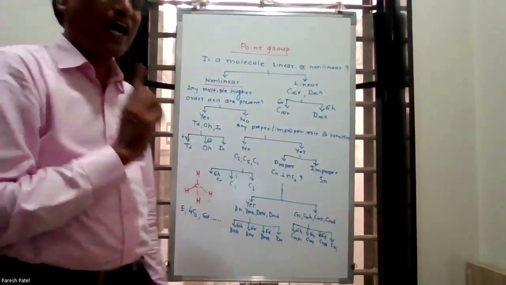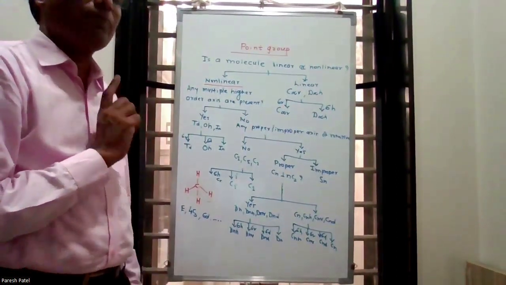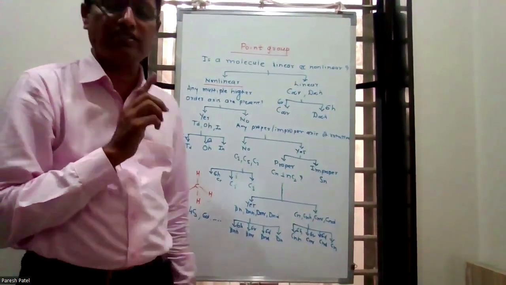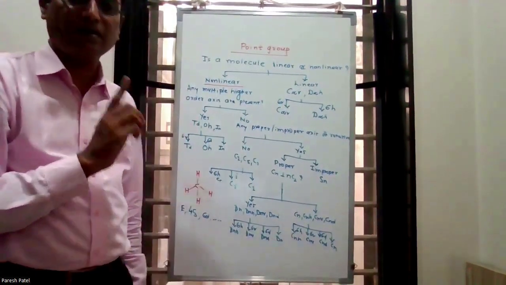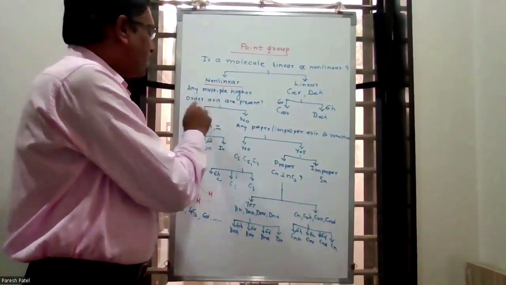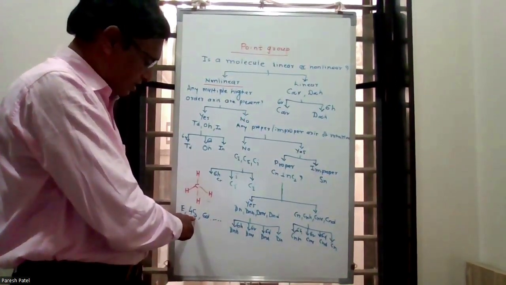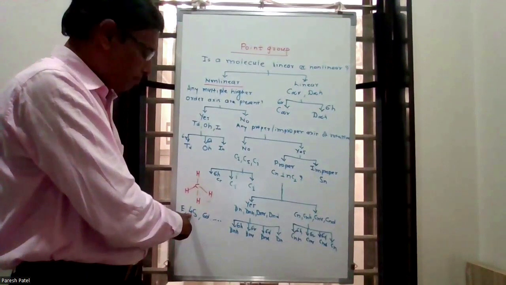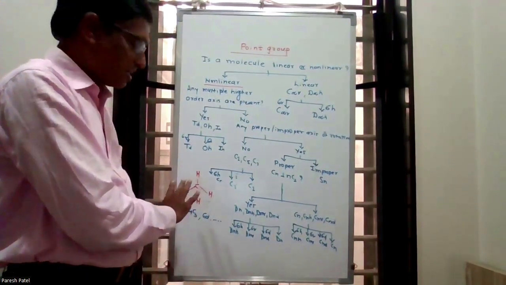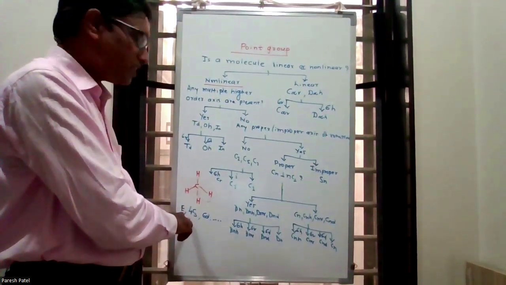Any multiple higher order axes present? Now we know that 3C3 is the minimum criteria to be multiple higher order axes. This molecule consists of 4C3. Higher order is 3 and multiple is 4. So this is the minimum criteria 3C3, and our methane molecule consists of 4C3.